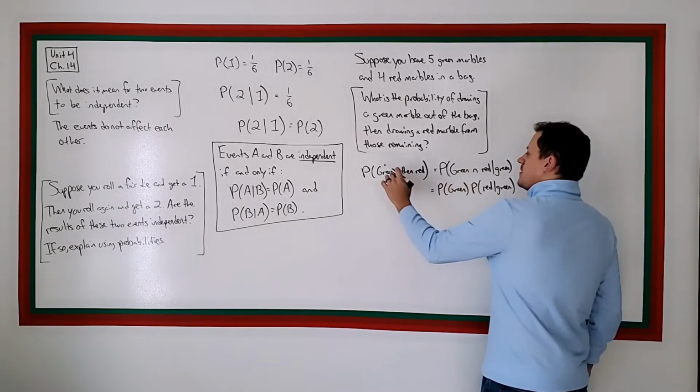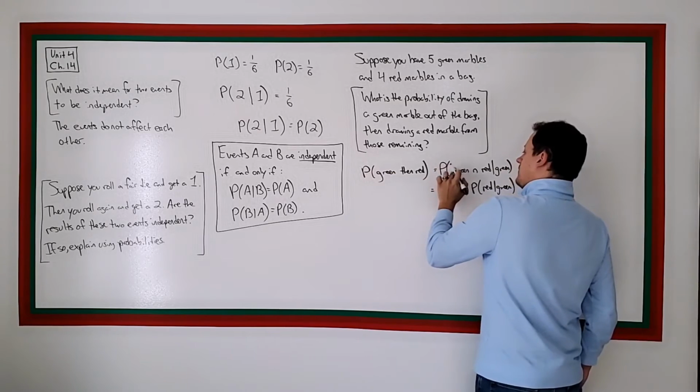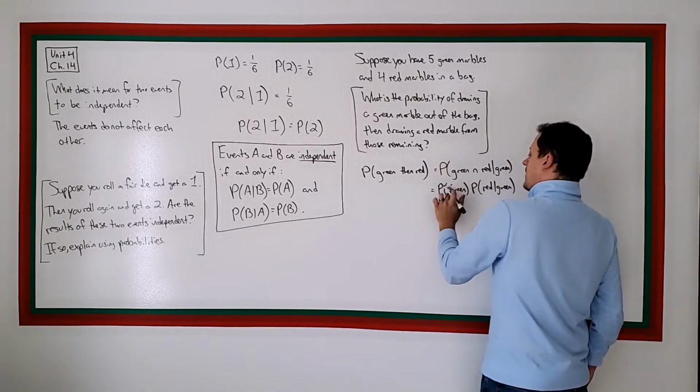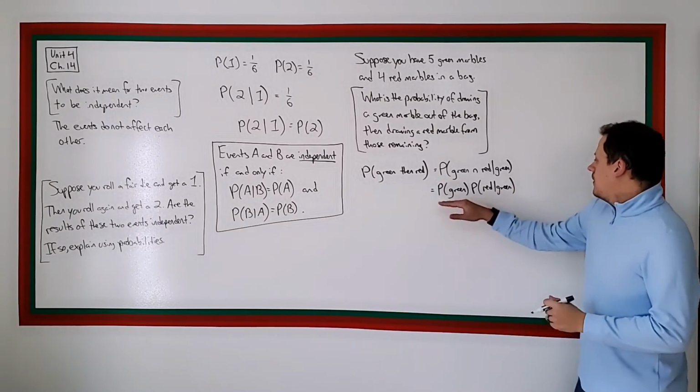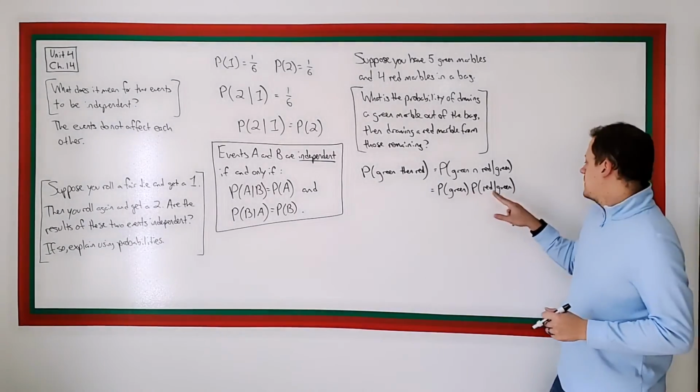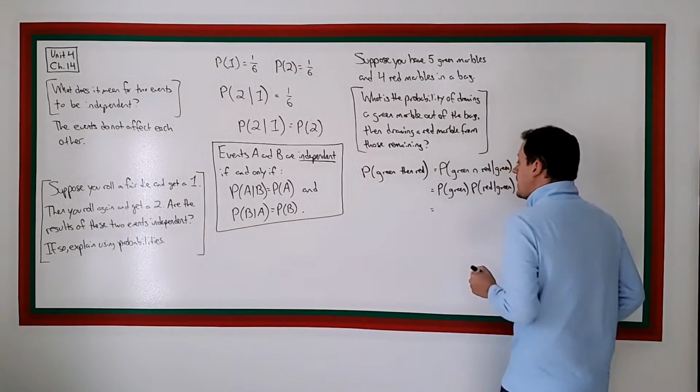So we're just multiplying the probability of green times the probability of red, given that green has already been taken out of the bag.